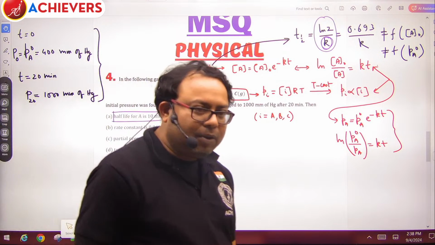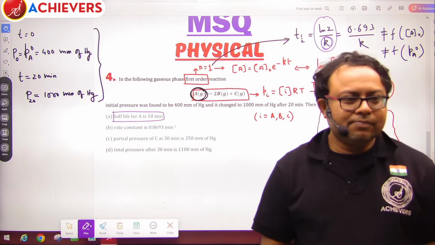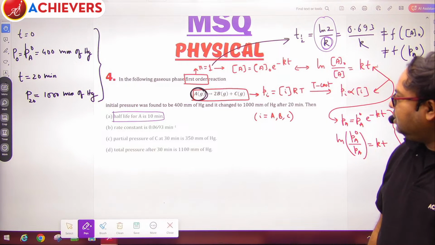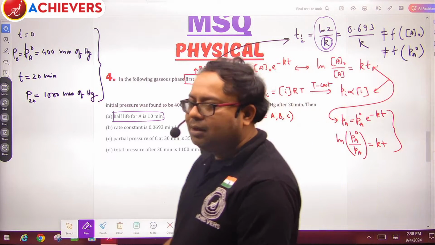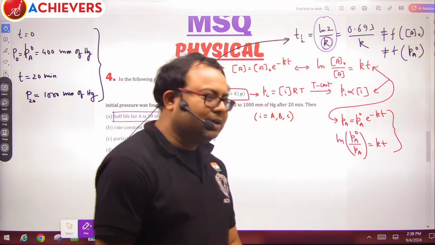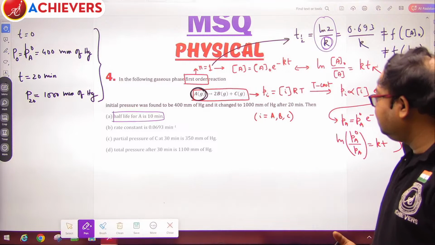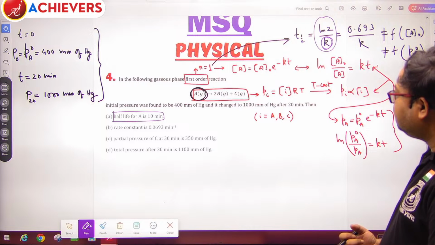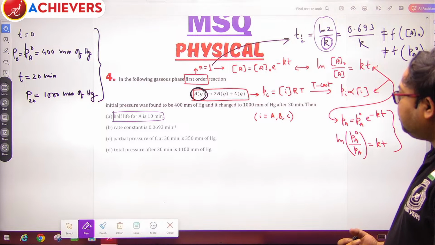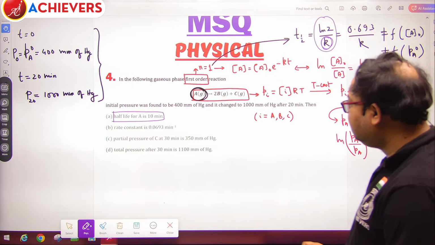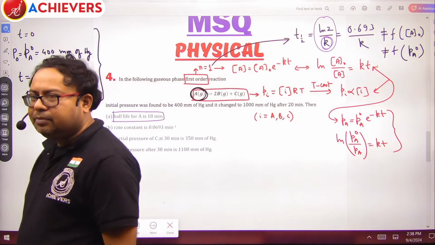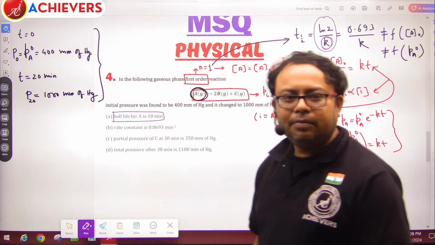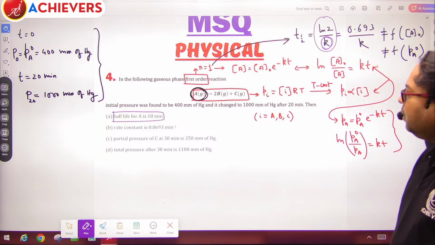So how can you calculate that? That is the first question. Is it possible to calculate that from the given data?